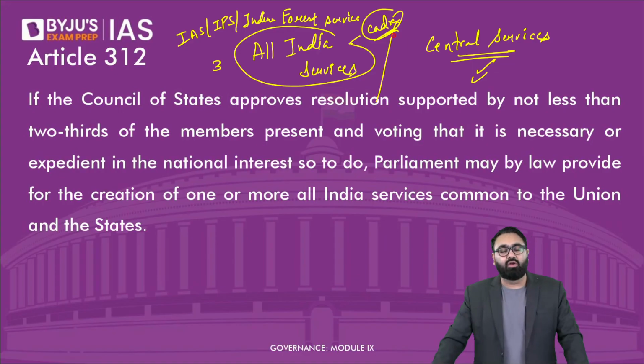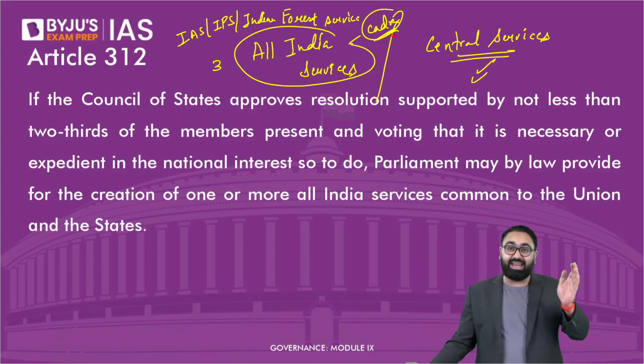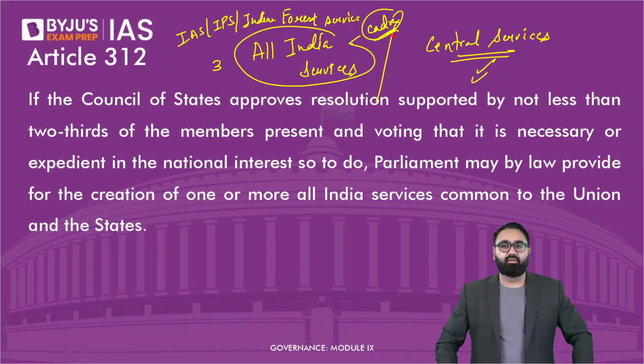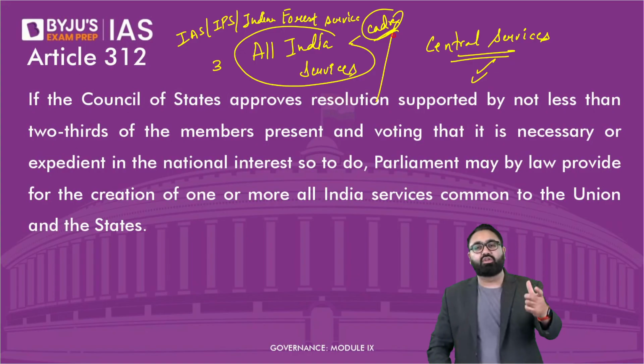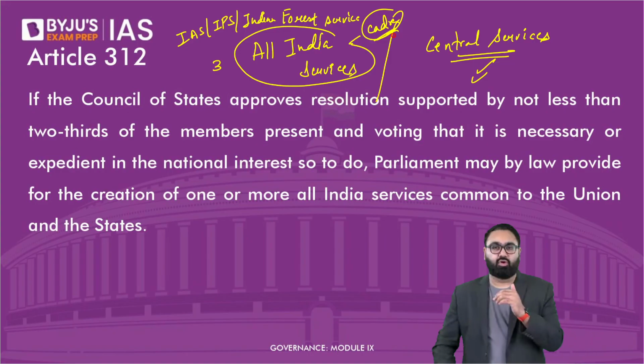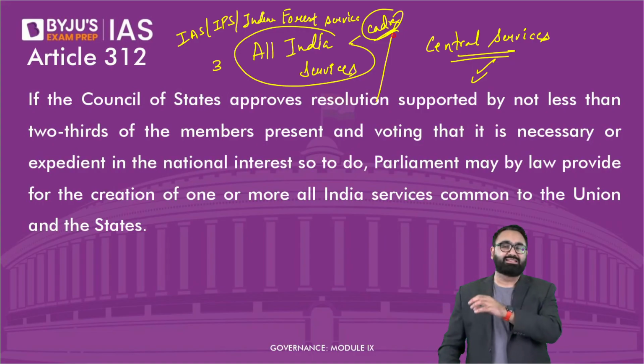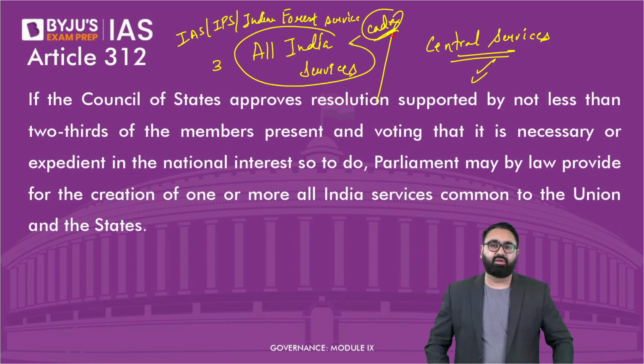If you are an All India service officer, you will be answerable to both the state and the center government. The state government can give you orders and can also transfer you, and the center government will also give you orders. Under All India services, you become subordinate to both the center and the state governments.